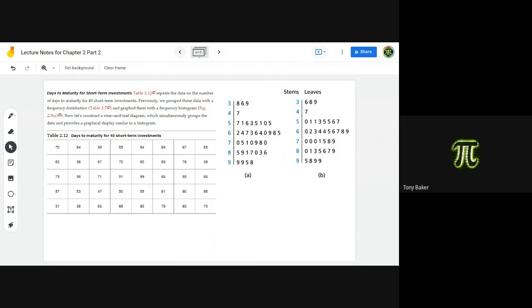Again, we're starting to look at, and we're going to go into in a minute, the design and how the data is formed. So the nice thing about stem and leaf plots and dot plots, you can start to see actual curves forming.